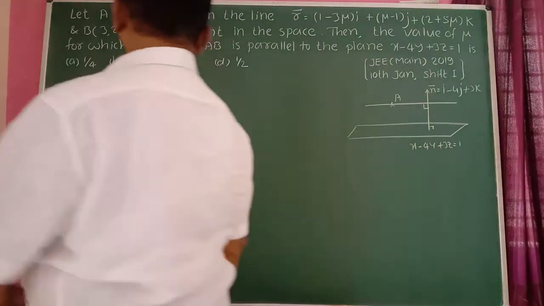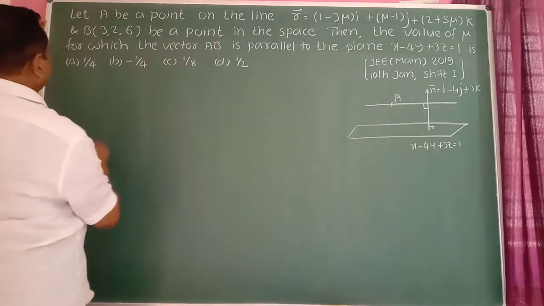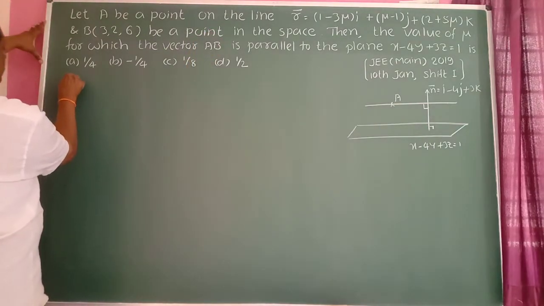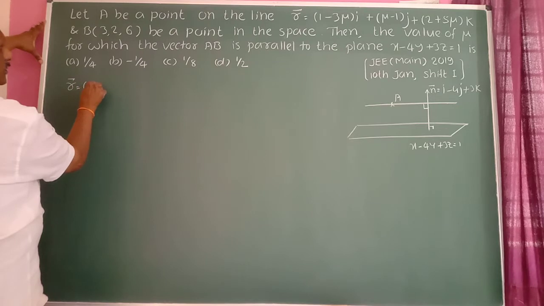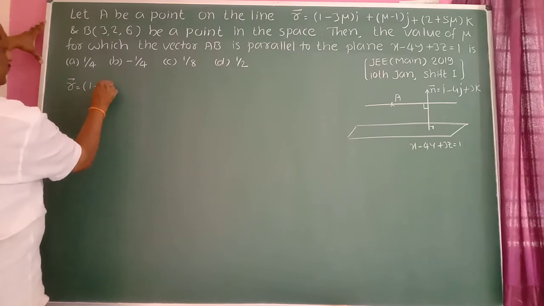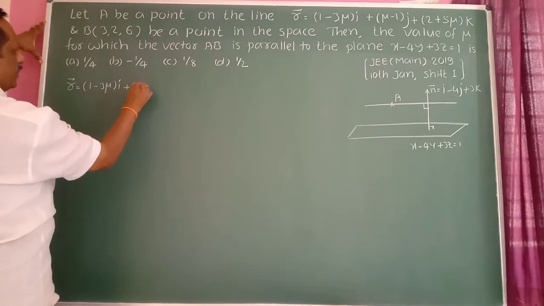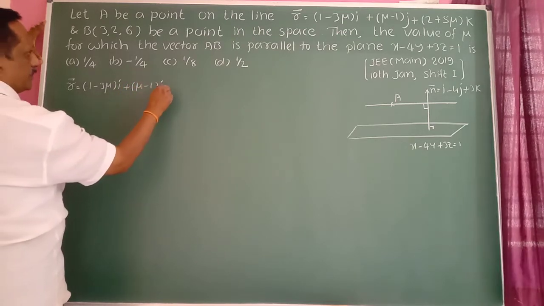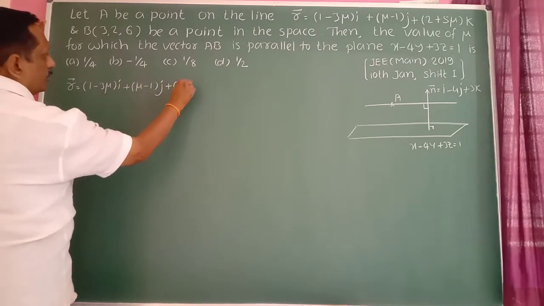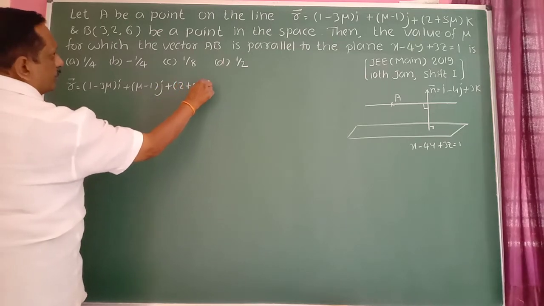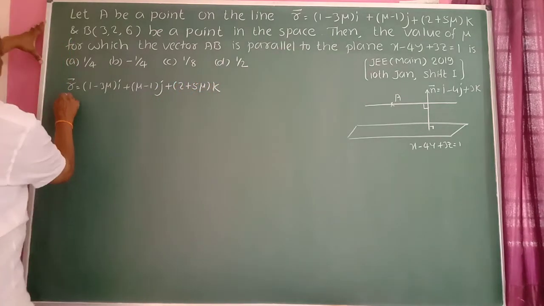Therefore, any point that lies on the line is of the form r bar = (1 - 3μ)i + (μ - 1)j + (2 + 5μ)k with the given line.